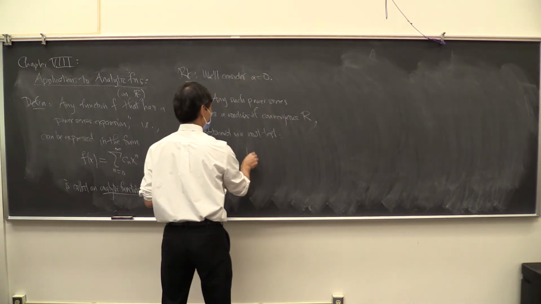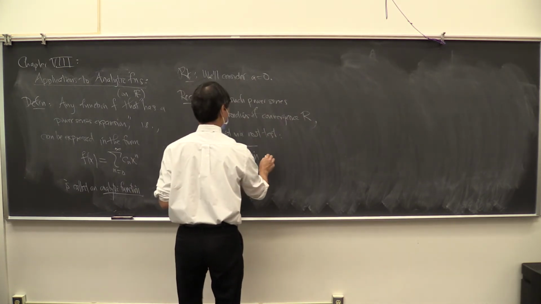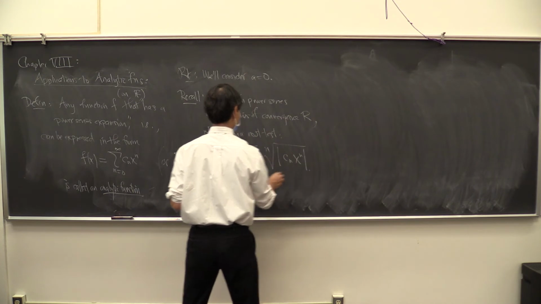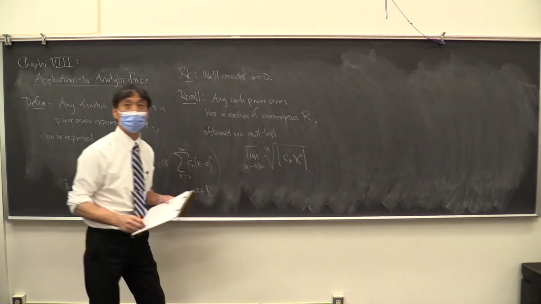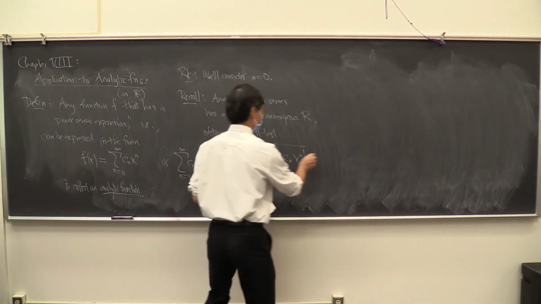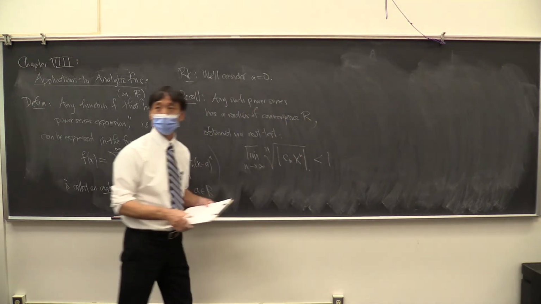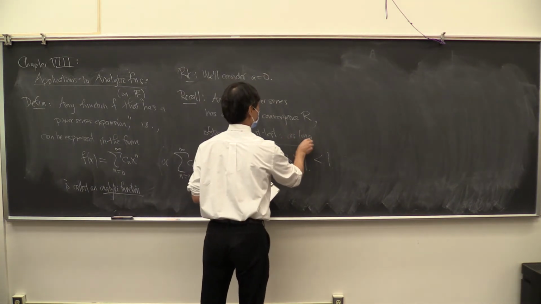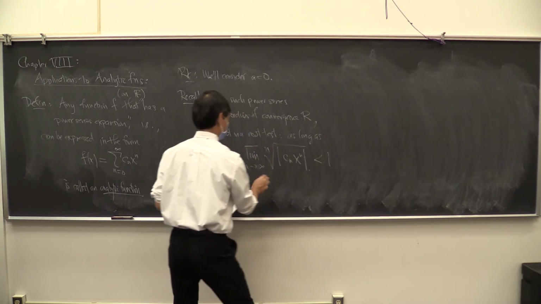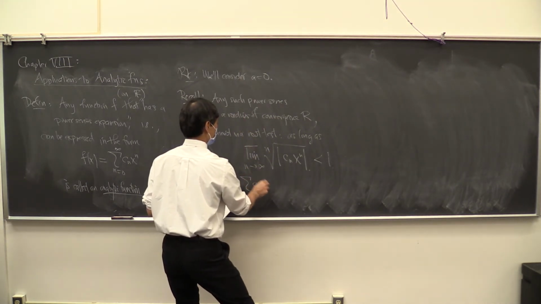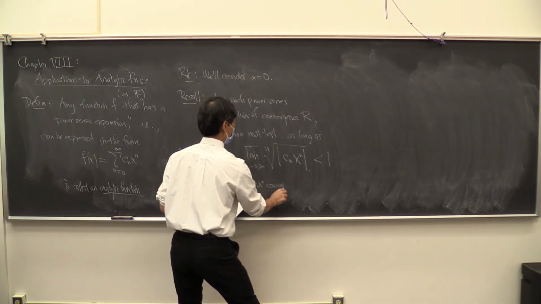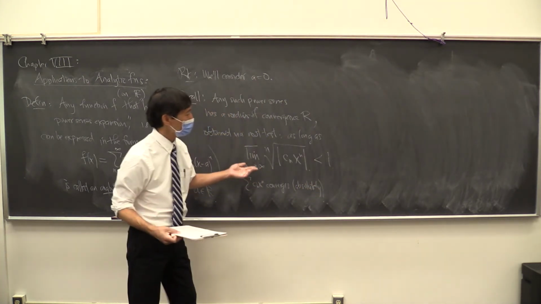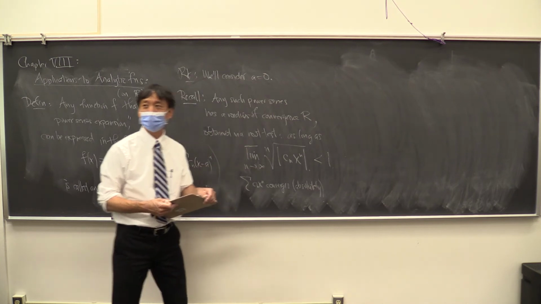Remember what you do, you take the lim sup of the nth root of the absolute value of the nth term, as n goes to infinity. And as long as that thing is less than 1, then you have convergence. Then the sum of c_n x^n converges absolutely, kind of obviously absolutely, because when we do the root test, we take the absolute values.